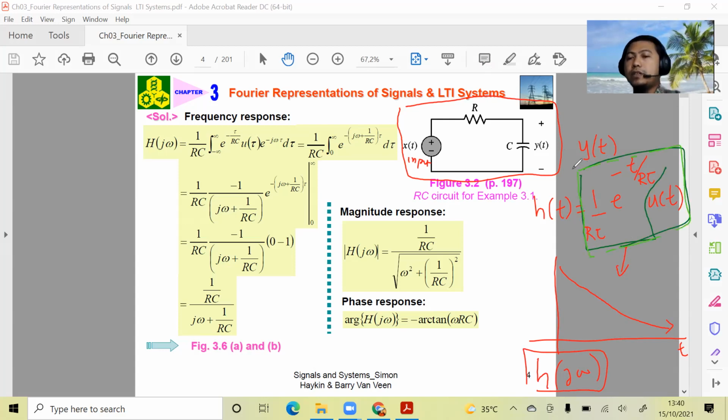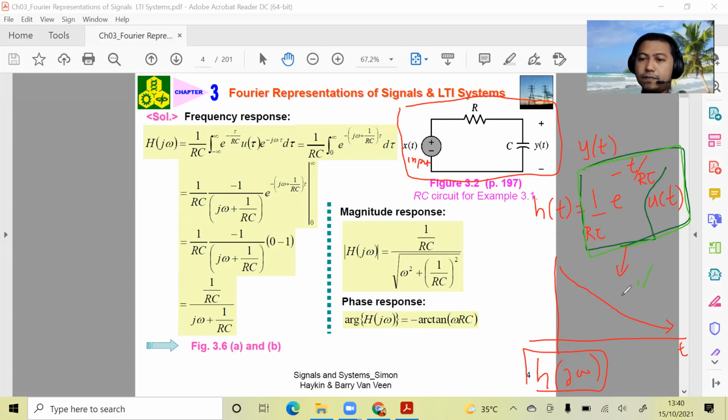In your opinion, what kind of signal? Sinyalnya jenisnya apa? Based on the classification, it is divided into continuous and non-continuous, discrete, periodic and non-periodic.